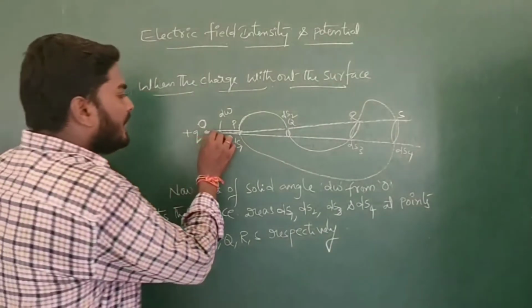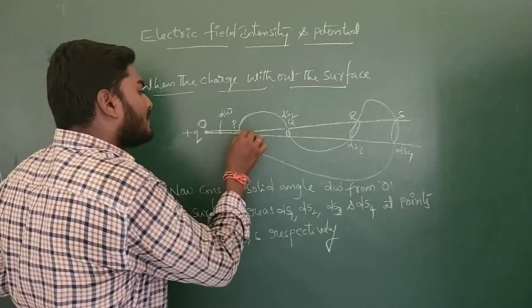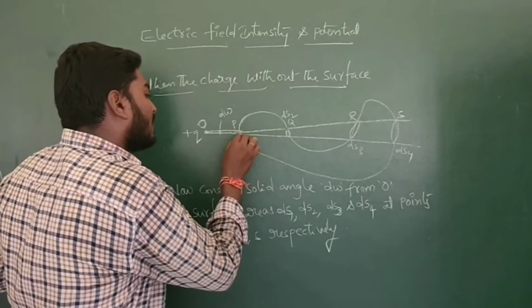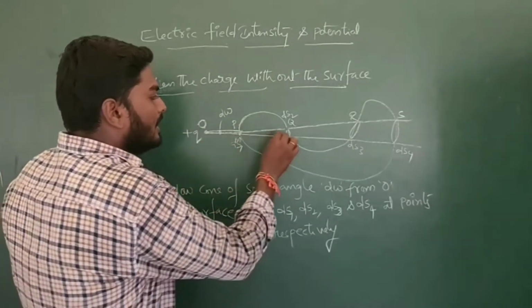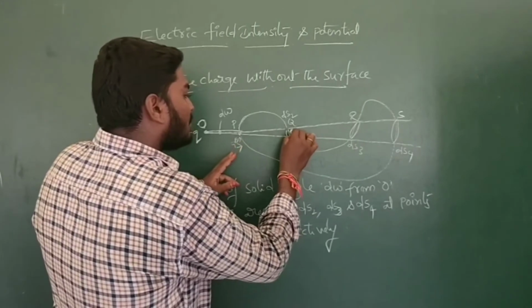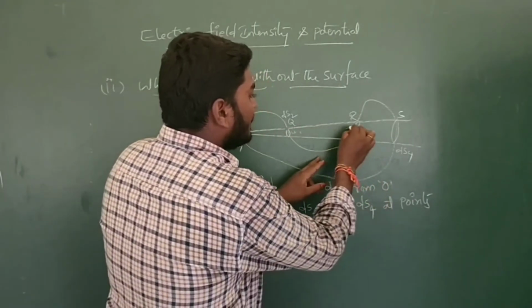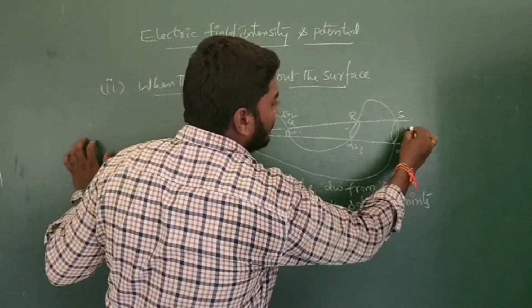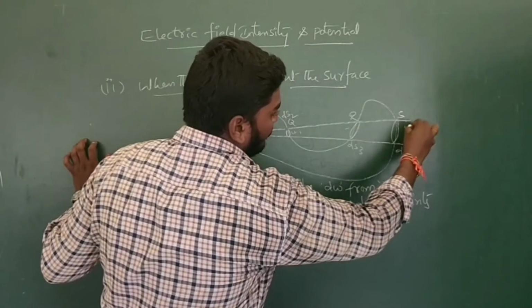For the electric flux, entering the surface is taken negative and leaving the surface positive.